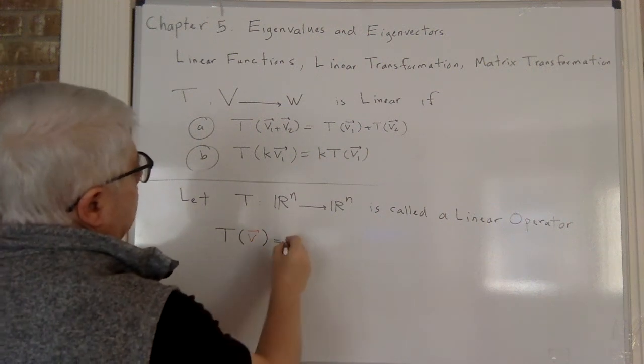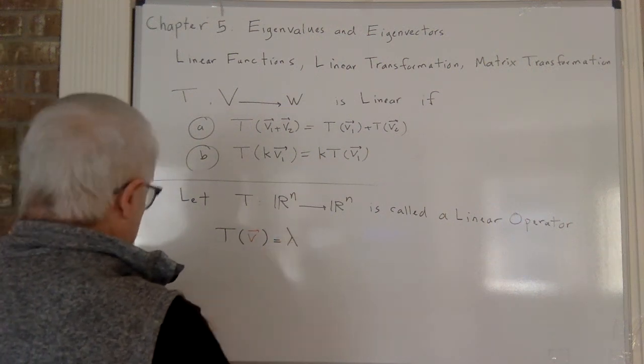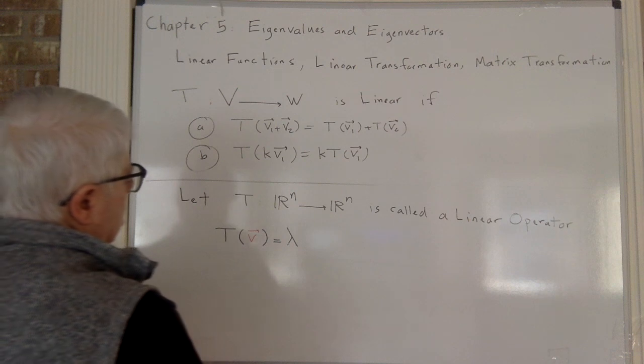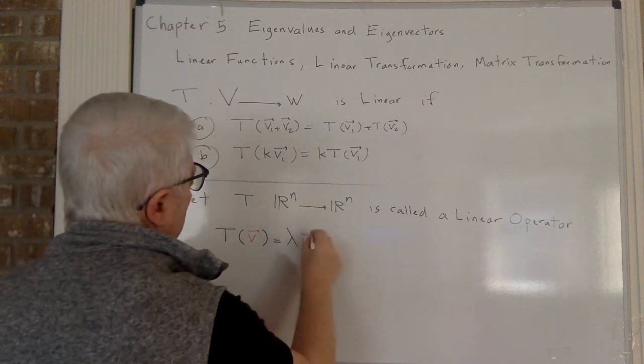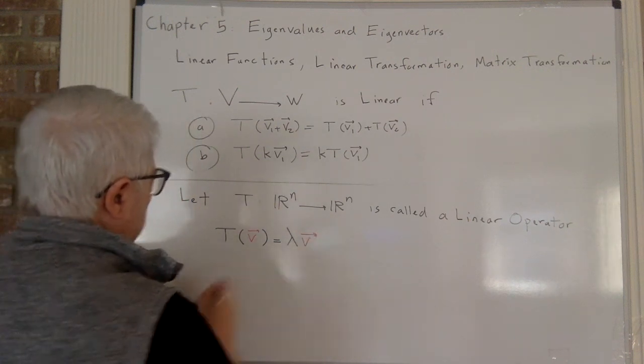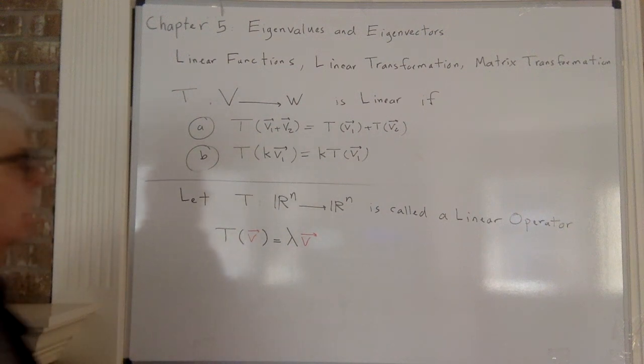So T V is like multiplying it by some constant. So you're asking this question: can I find a vector V in Rn such that when I apply T to this vector, it's like multiplying that vector by a constant?